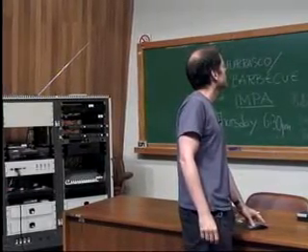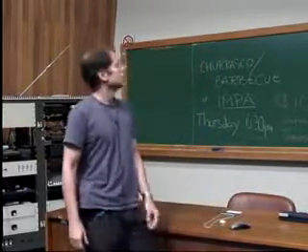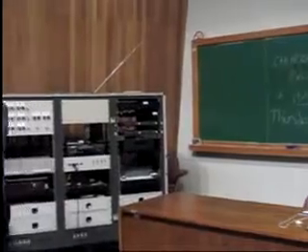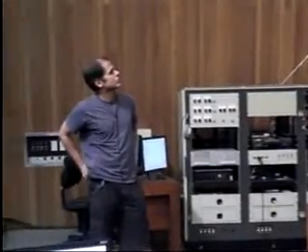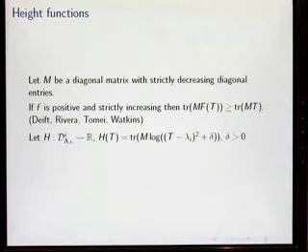So let M be a diagonal matrix with strictly decreasing diagonal entries. There's a theorem by these four authors, Deift, Nanda, Tomei, Watkins, which says that if f is positive and strictly increasing, then the trace of M times f of T is larger than or equal to the trace of M T. So this smells like a height function, but that's not precisely what we need.